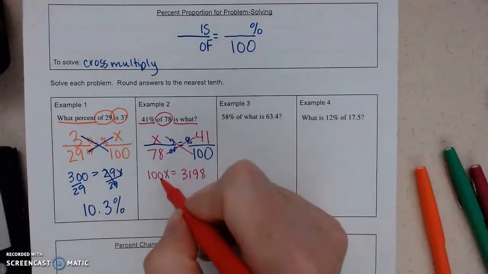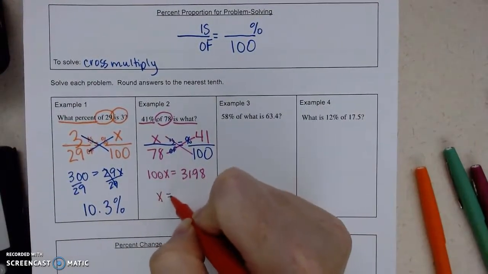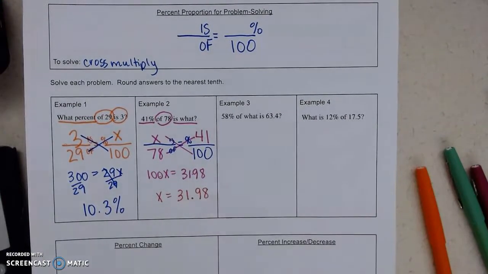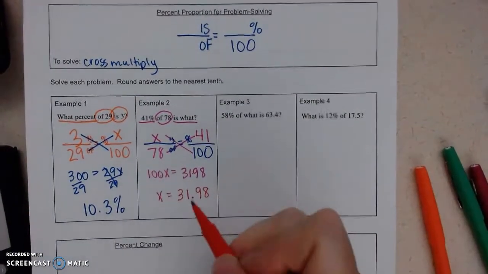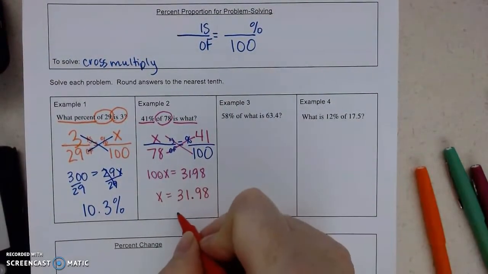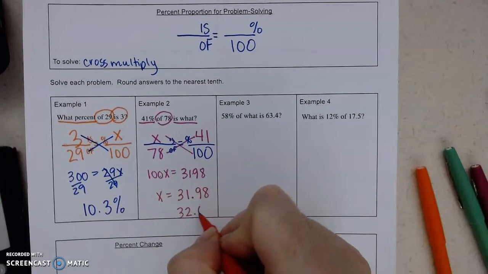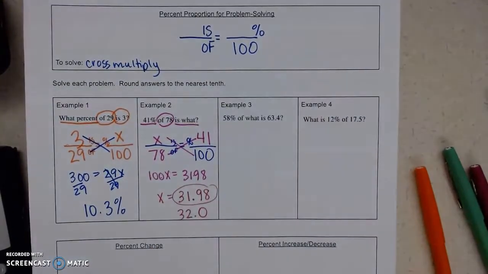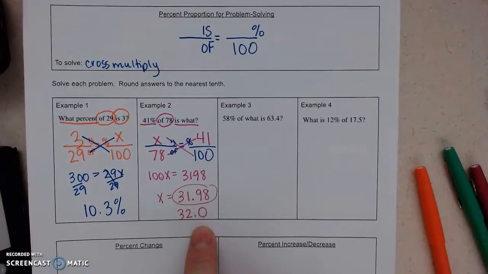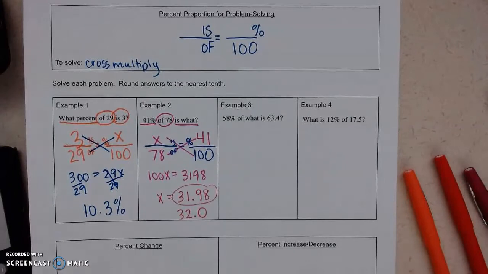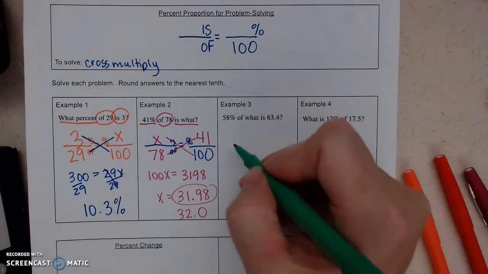We're going to divide both sides by 100. And if I want to go to 1 decimal place, that actually needs to round up to 32.0, but I would also take this, just so you know. But put a decimal place after it to show that it's not 32 exactly. All right.